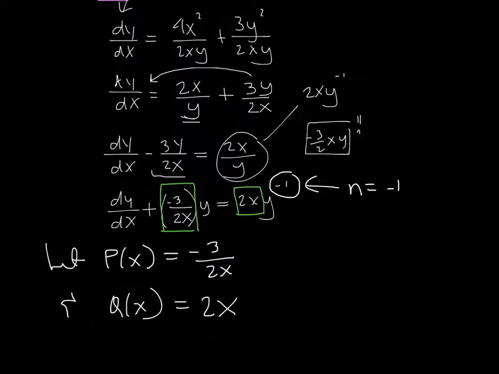So it's not linear, so we can't use the integrating factor. But can we use substitution and transform it so that it looks linear in terms of v and x? The answer is actually going to be yes, if you're reading the example instead of following the video, if you're able to read it on your own. So let's go ahead and do that.